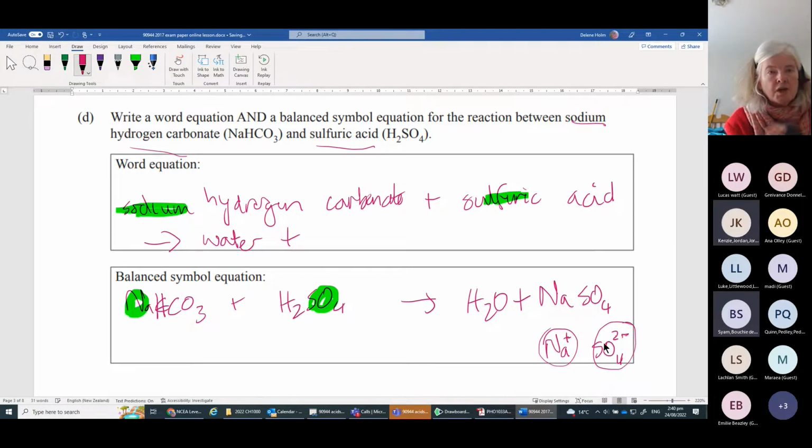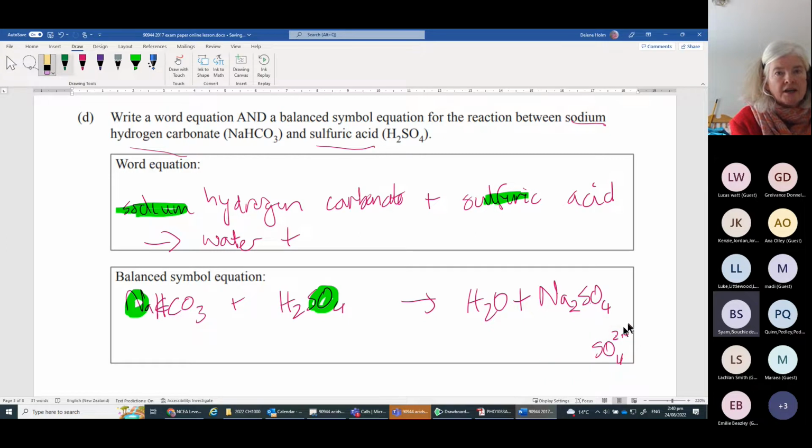I need 2. And the way you do that is the bottom right corner has been reserved for giving the ratio. So in other words, in this unit, I've got 2 sodiums with 1 sulfur. Chemists are lazy, so if there's no number there, then we always assume it's a 1 and 4 oxygens. Yep, so 2 sodiums to 1 sulfate. Let me just remove that 1.